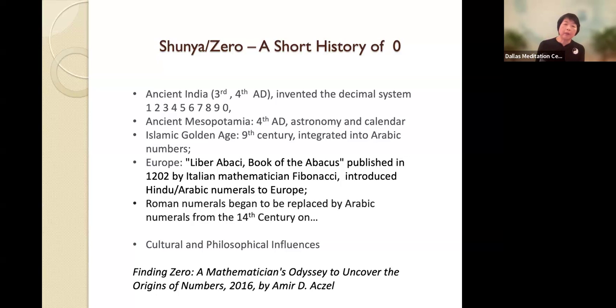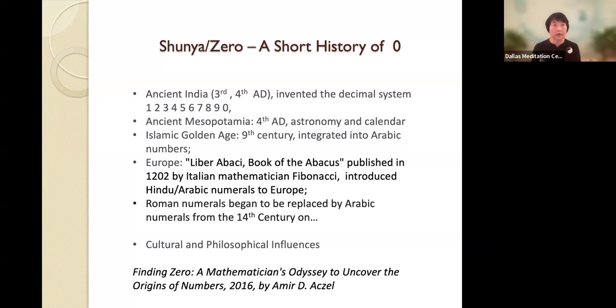And by the 9th century, Islamic civilization was highly developed, and the traders, through trading, learned about this 0 and math.